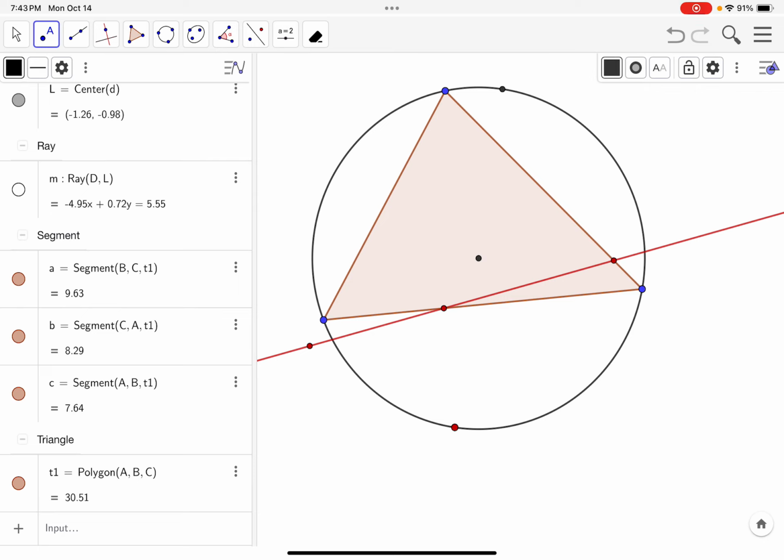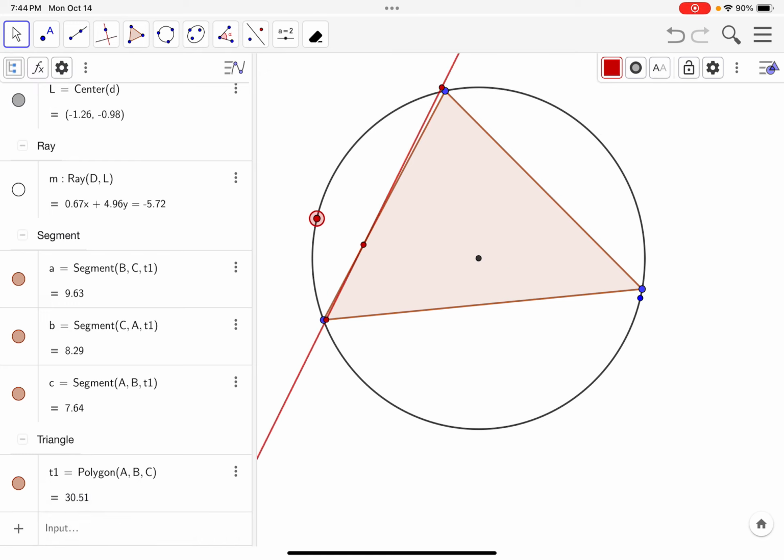So this will be our new pink point. Maybe we'll make it something other than pink because pink looks too close to red. Let's make it a blue point. Okay, so that blue point now, if I move this around, of course, is going to remain diametrically opposed.